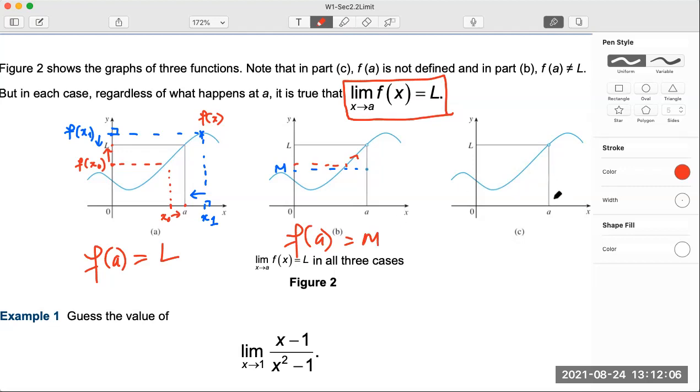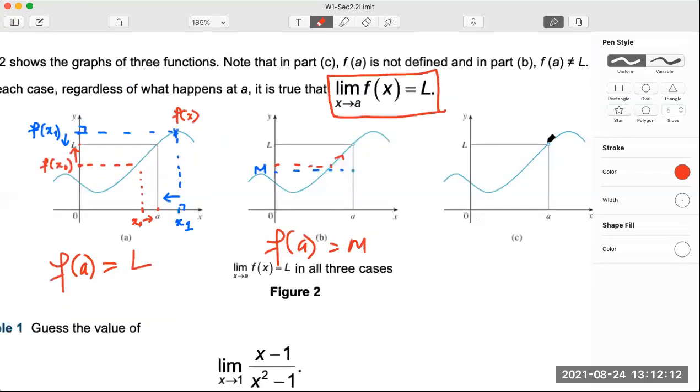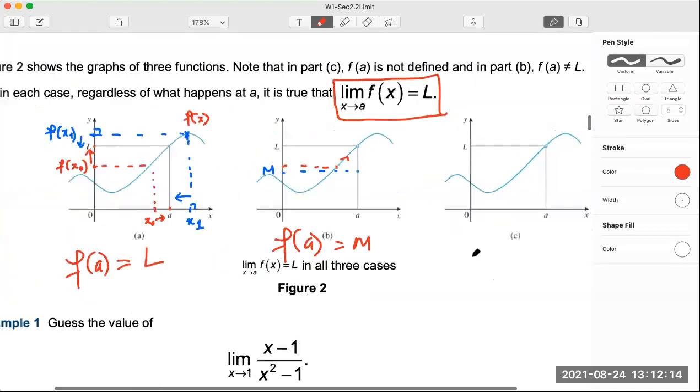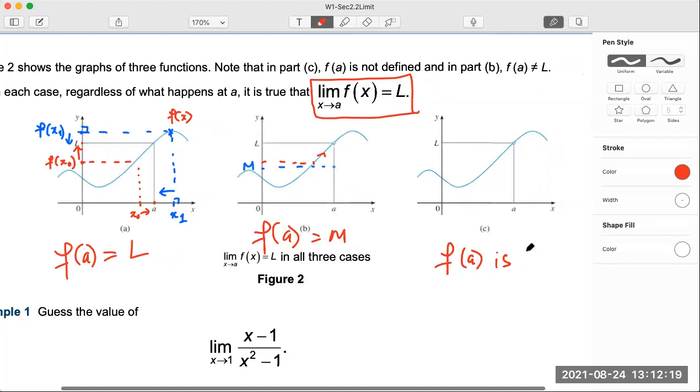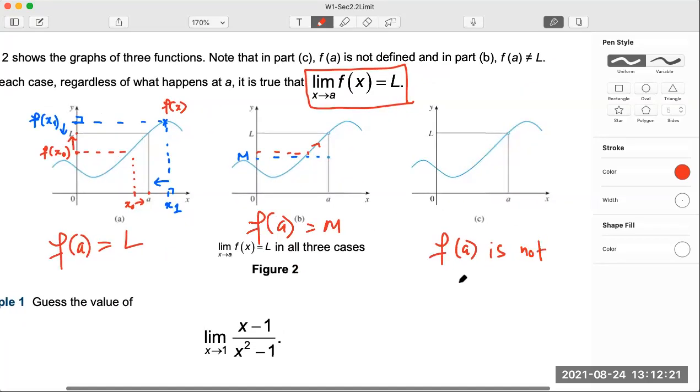And in the third case, similar things. For f of a, we see that there's no dot, but there's a hole at this point. This implies that f of a is not defined. Just some notation.